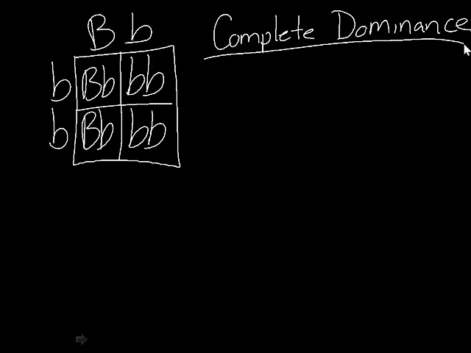So first let's look inside this chart. We have this possibility right here, which gives us a heterozygous genotype of capital B, lowercase b. And if you look over here, we have another one. So there are 2 out of the 4 squares that are going to give us this genotype.